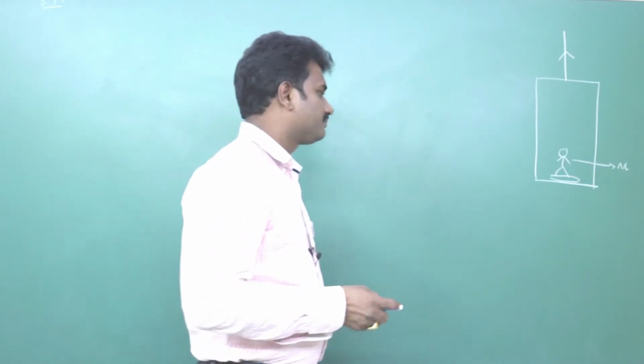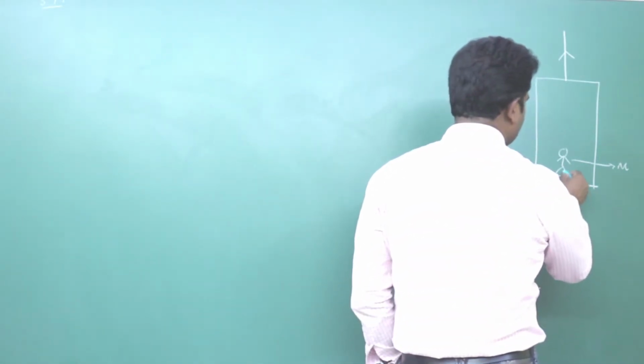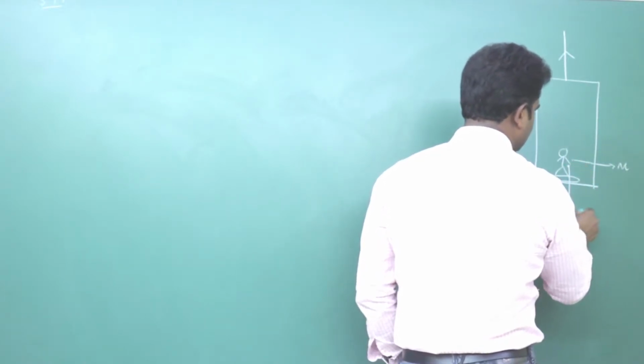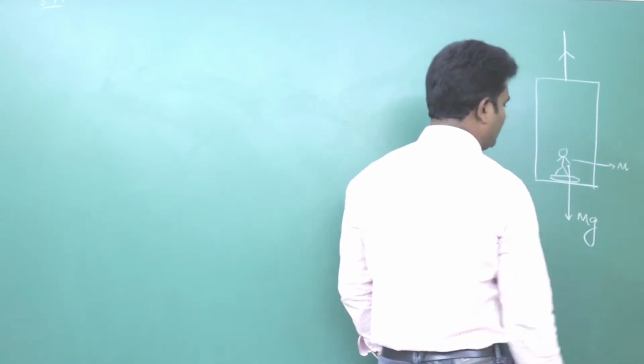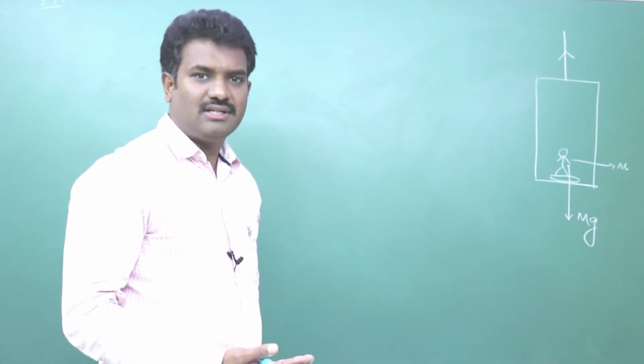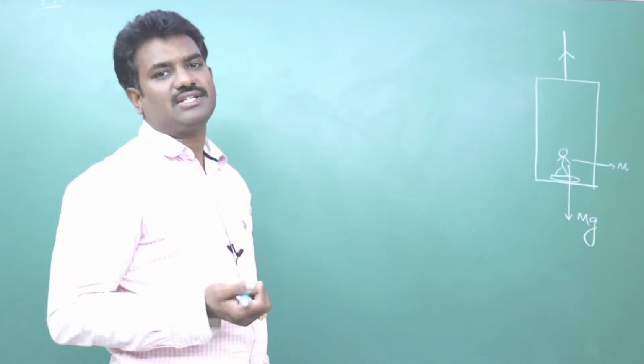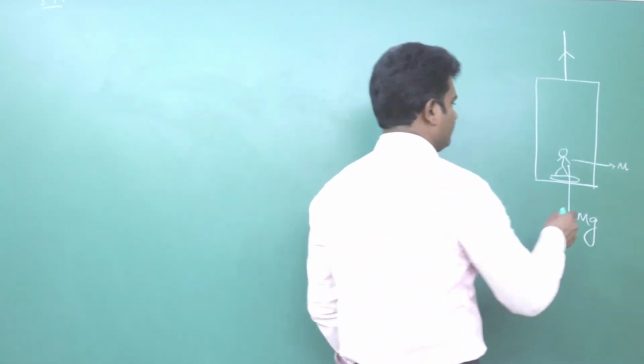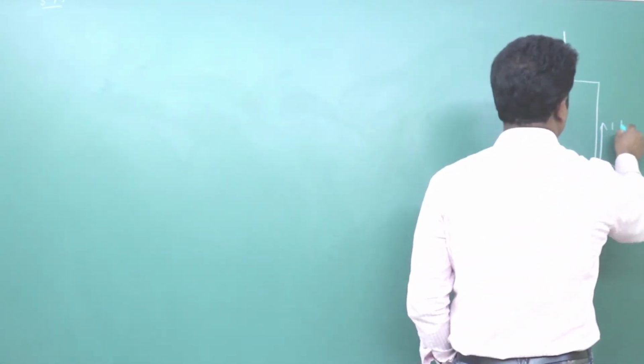Let us see now. On the weighing machine, the weight of the person, mg, acts in the downward direction, and hence the weighing machine gives a normal reaction in the upward direction, that is N.